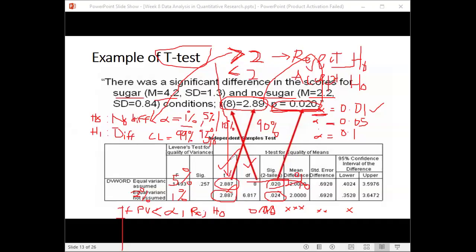Some people in their books or in their papers, when it's 10%, they don't interpret the results. They don't see it as strong enough because there's too much room for error. So some people will stop at 5% and tell you that the result is statistically not significant. They can do that, right?